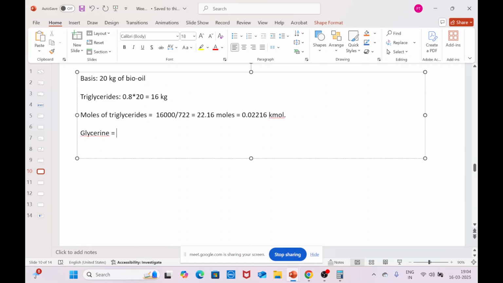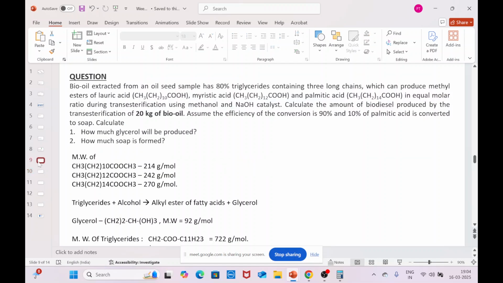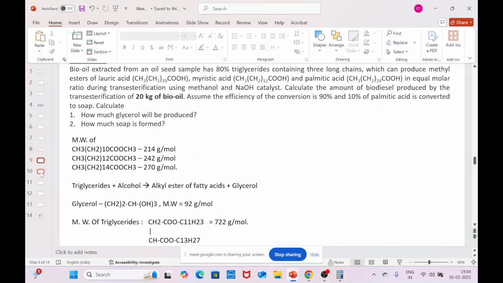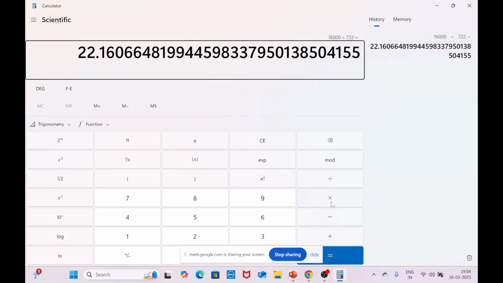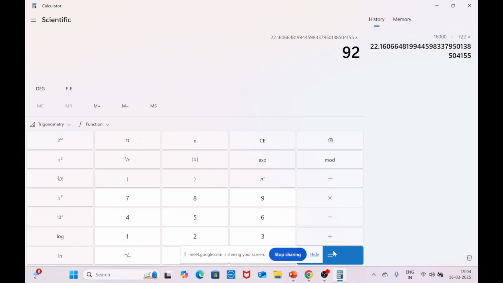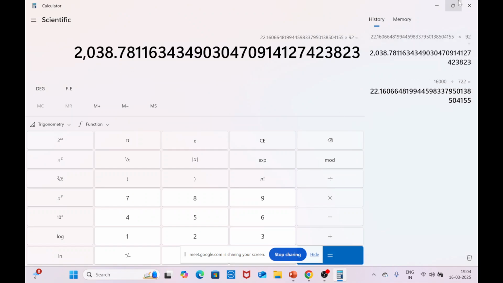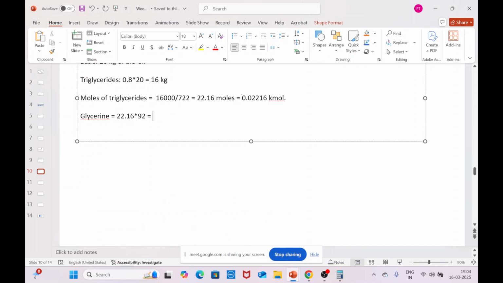Let me keep everything in grams. So 22.16 times glycerol at 92 gram per mole is 2038.78 grams, or you can write it as 2.038 kg of glycerin.